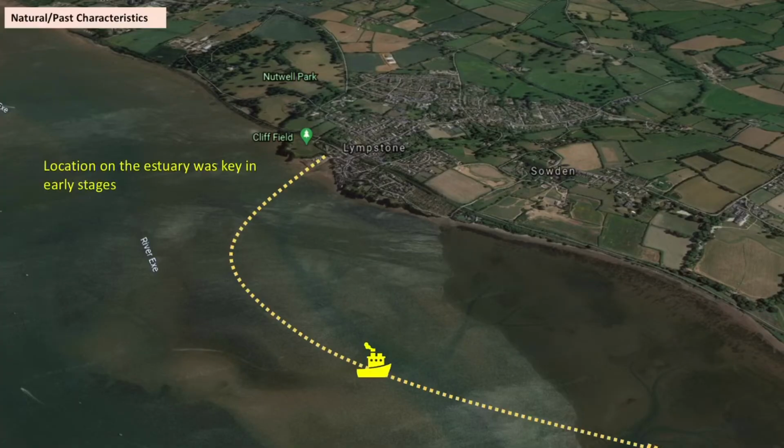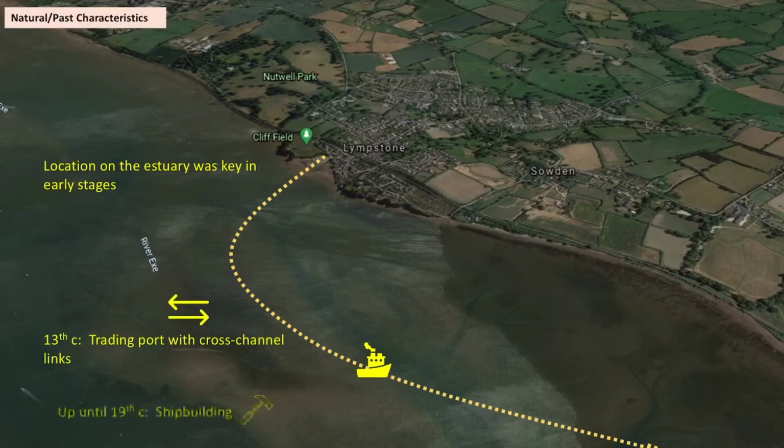In the 13th century, it was a trading port that had connections with France, and so there was trading between Lympstone and France across the Channel. By the 19th century, they had built up a relatively successful shipbuilding activity here, but as the ships got bigger, that started to decline after the 19th century.